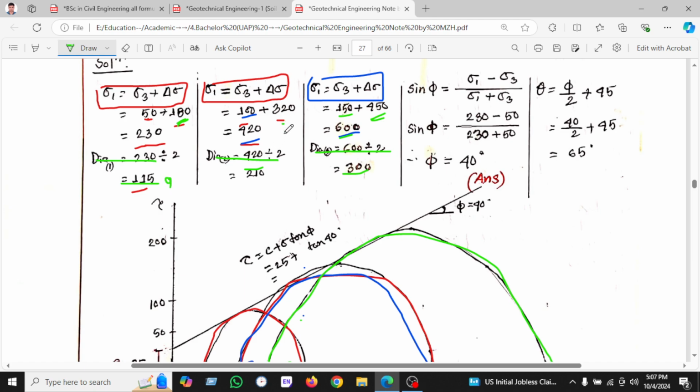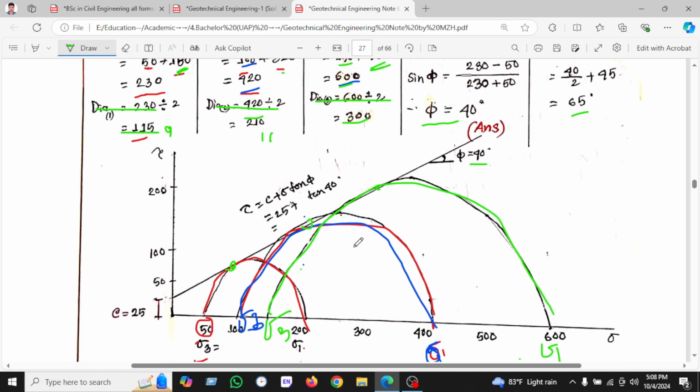This radius will be 116, and this radius will be 450 divided by 2, which is 225. And for the angle we will use this formula, and then the angle will be 45. And theta will be angle divided by 2 plus 45. If we intersect these three circles and draw this line, then we will find this value of C.